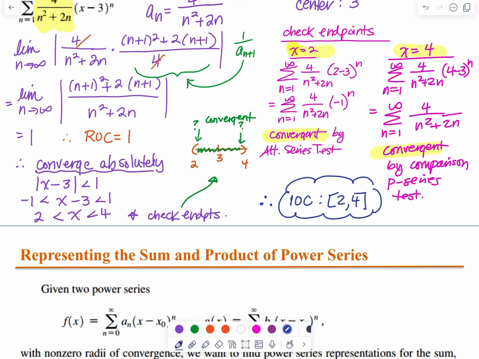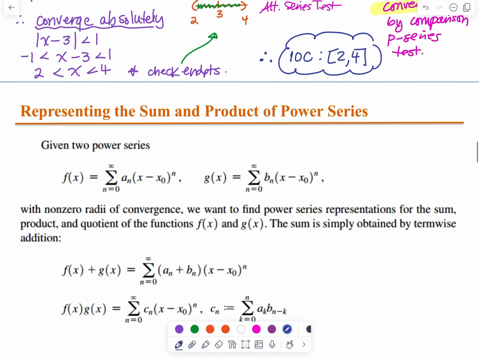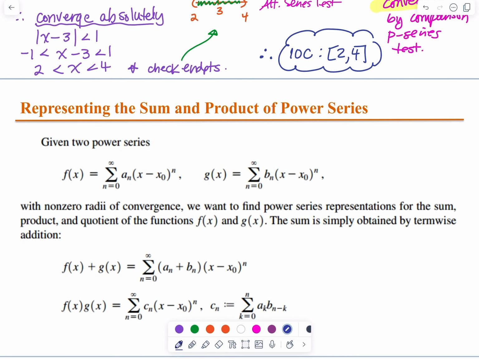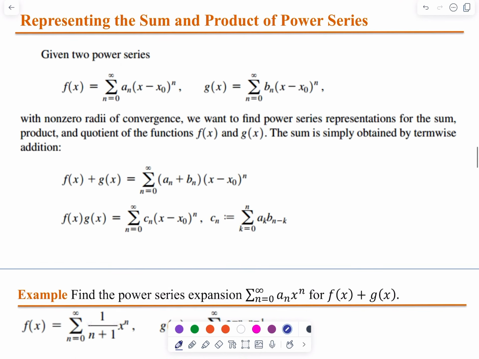Okay, what if we want to represent the sum and the product of power series? How are we going to add these together and find the product of these? Well, given two power series f and g as shown here, with non-zero radius of convergence. So we need to make sure that the radius of convergence is not 0, that the power series does not only converge at the center.